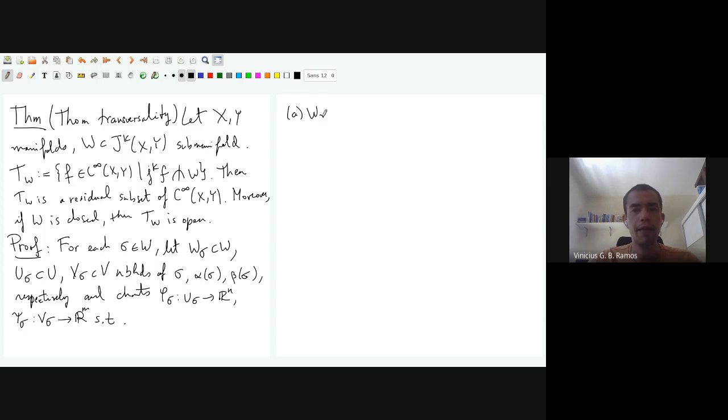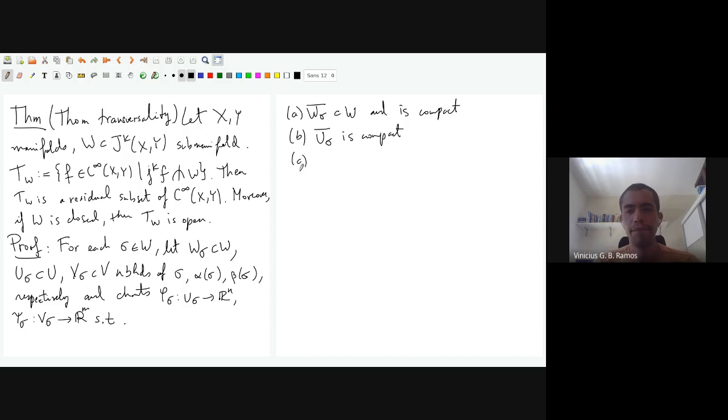I want that the closure of W sigma is contained in W and is compact. I'm on a finite dimensional manifold, so I can always choose a small enough neighborhood that's compact. I also want to assume that U sigma bar is compact. This is the smallest set of assumptions.